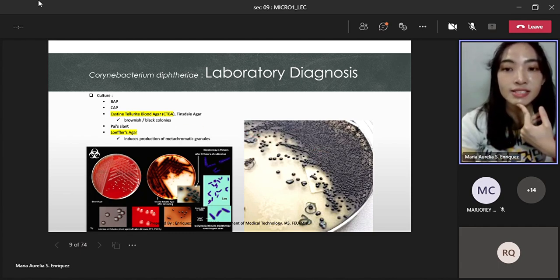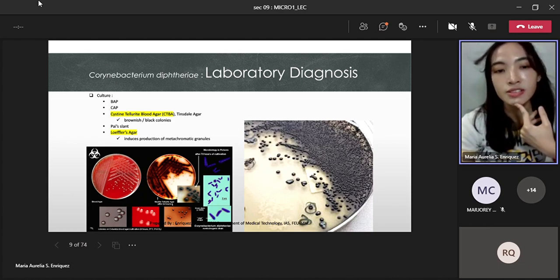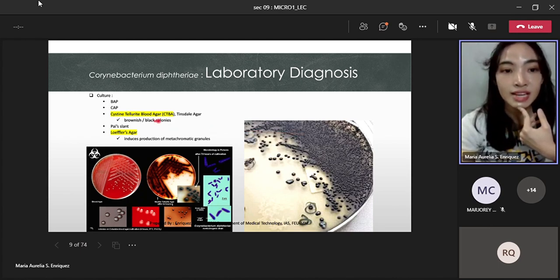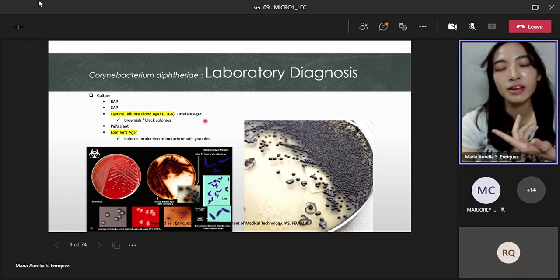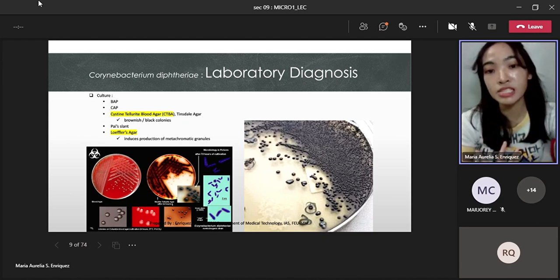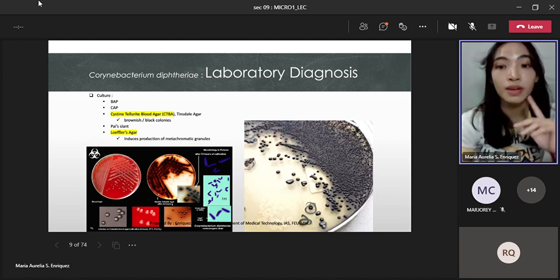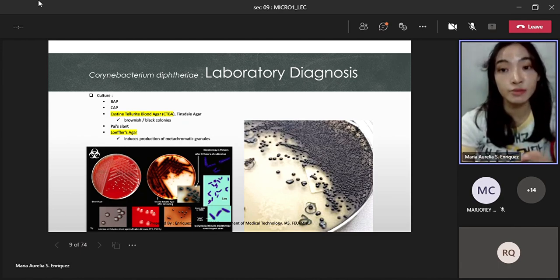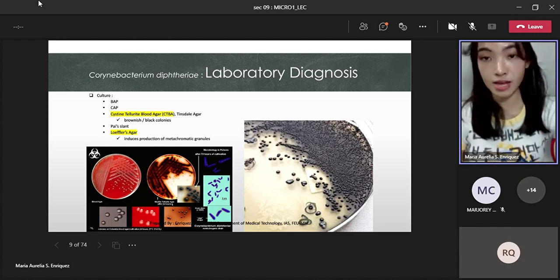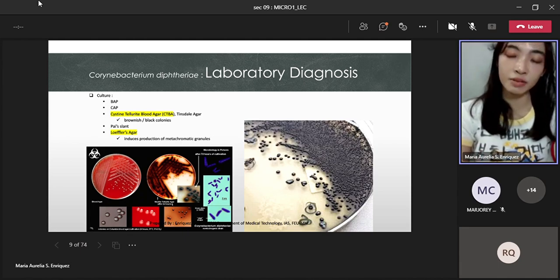Next is the cysteine tellurite blood agar or CTBA. So this is a modification of the Tinsdale medium. Both of these culture media could either contain sheep red blood cells or bovine serum plus cysteine plus potassium tellurite. So CTBA is both a selective medium and a differential medium.